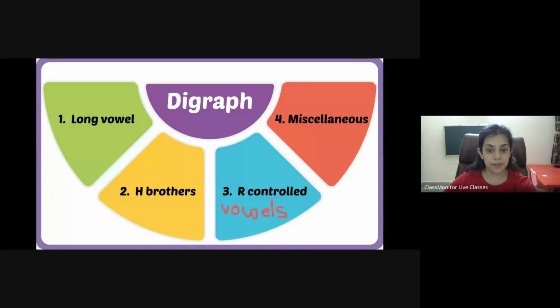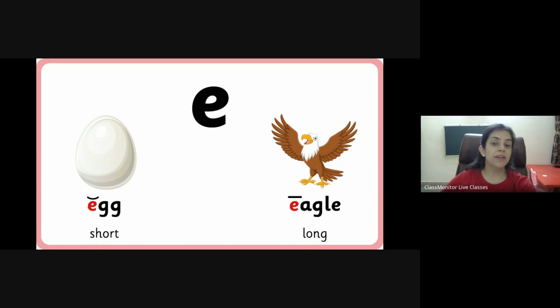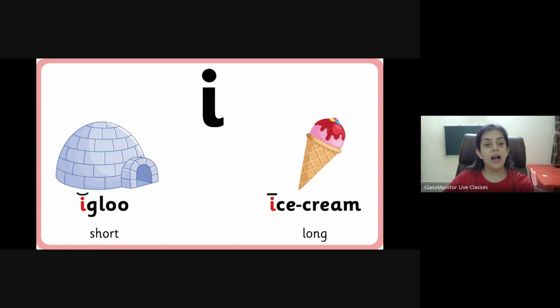Now we'll see the difference between the long vowel sounds and the short vowel sounds. In the word apple, what is the sound of A? It is A. In the word acorn, the sound is A, so it becomes a long sound. For the E, short sound, egg. E, eagle, that becomes a long sound. I, igloo. Ice cream becomes a stretchy sound.